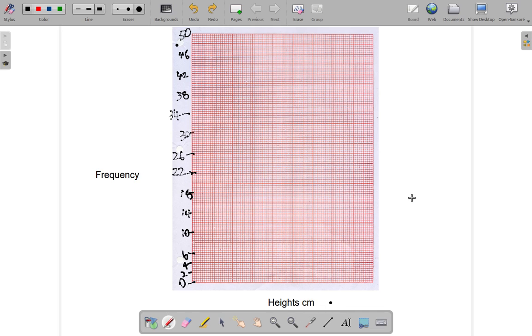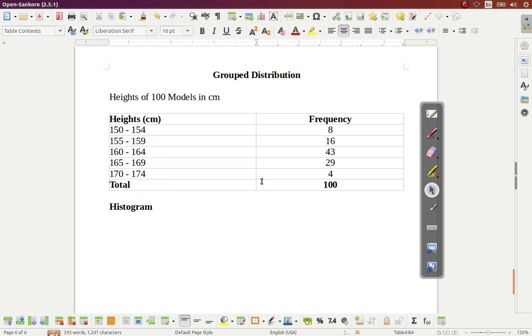Now, along here on the horizontal axis would be our values in centimeters. If you should choose a constant scale for this, what would happen here?